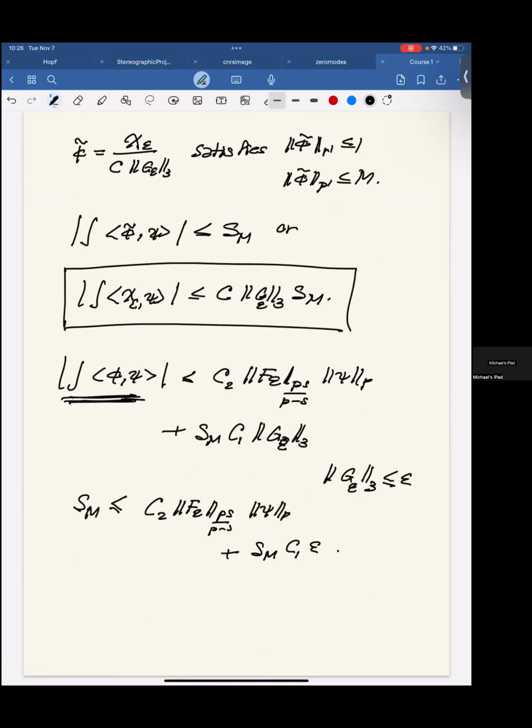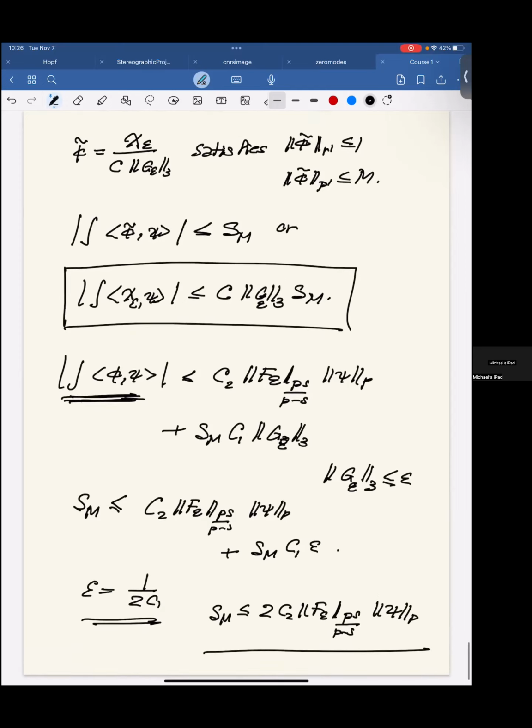And therefore, if we choose epsilon, for example, equals 1 over 2C1, this is a universal constant, we learn that the Sm is less or equals twice C2 f epsilon ps p minus s psi p.